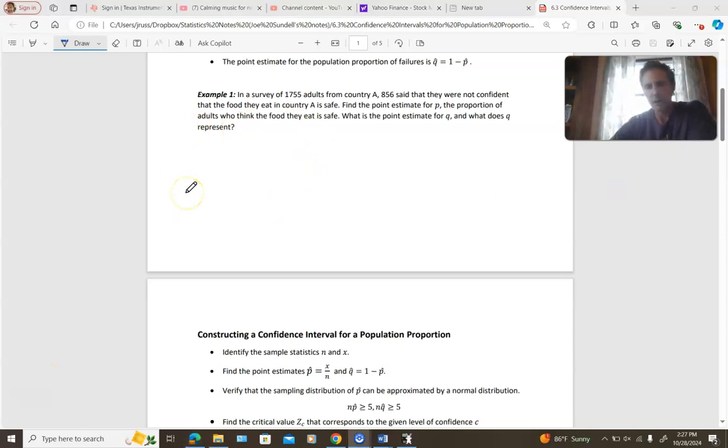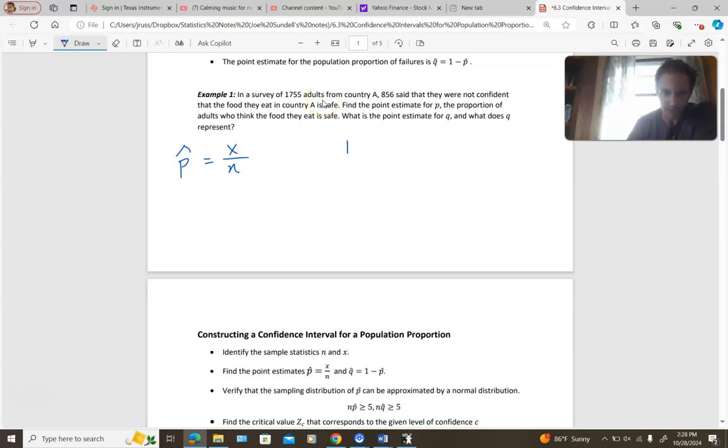Okay. Alright, well, so to find p hat, we need to figure out the number from this sample that satisfy this condition, that think the food they eat is safe, and divide that by the sample size, okay? Well, this number here, the 856, these are the ones that are not confident that the food is safe.